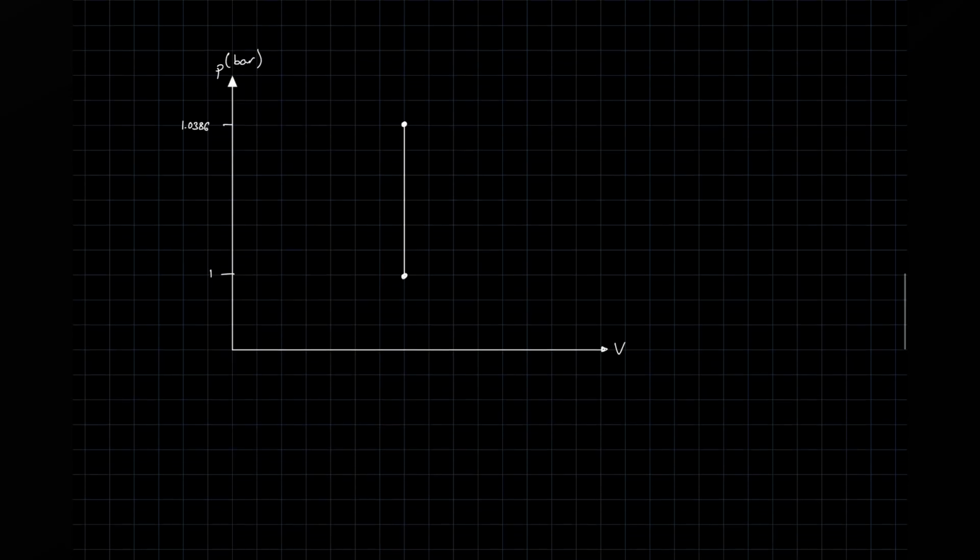We can see that as it's just a vertical line, there is no area under this line, which is consistent with there being no boundary work, because again, our box didn't expand. So that's nice. Let's move on to problem number 3.